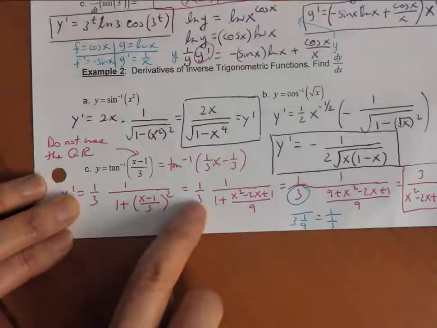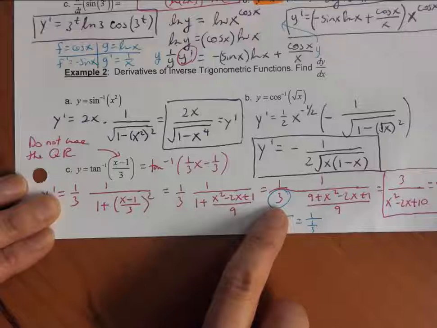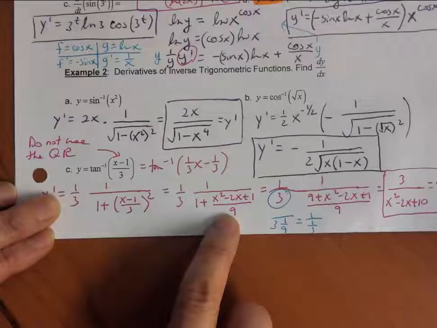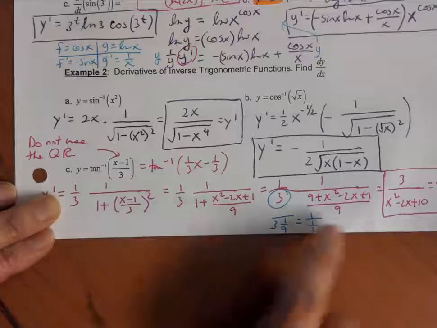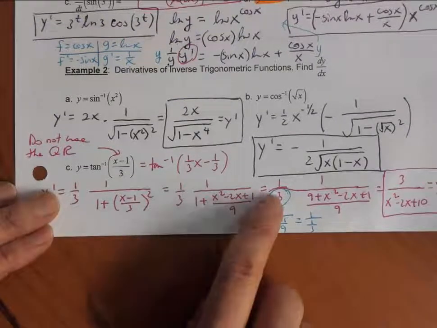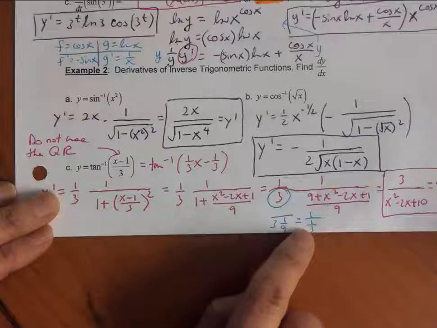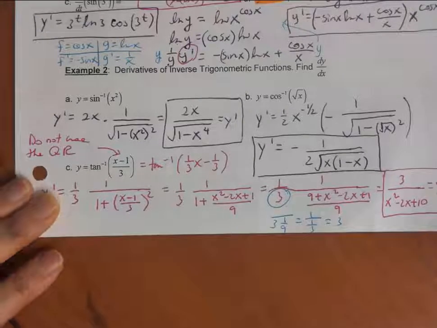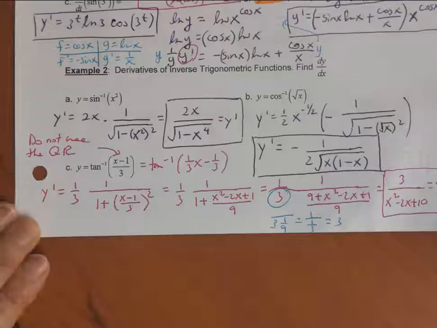And this 9, I just have that because it's a common denominator of these two, so it's the denominator of the denominator. So then you have a 3/9, which is a 1/3 in the denominator, which is equivalent to having a 3. Okay? All right.